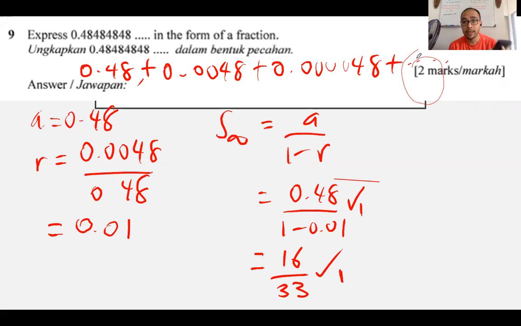And as I said, this is a paper 1 question. You get the final answer correct, you get the whole thing correct. Okay, so even if kamu tidak buat jalan kerja yang panjang dan complicated ini, all you have to do is just write down this, press ABC, and you get the final answer. Okay, 2 very easy marks.